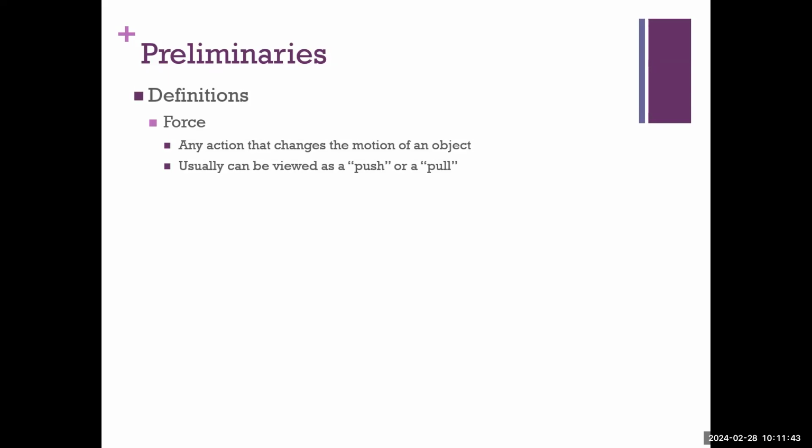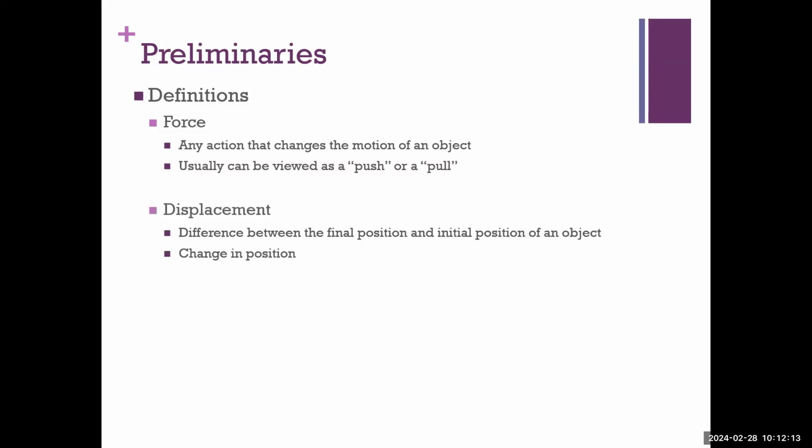Basically a push or a pull. Right now you're all experiencing the force of gravity, and because you're not falling, there's a force of the floor onto you. You probably heard that called the normal force or the reaction force, depending on who has taught you physics, but basically anything that influences the motion of an object.